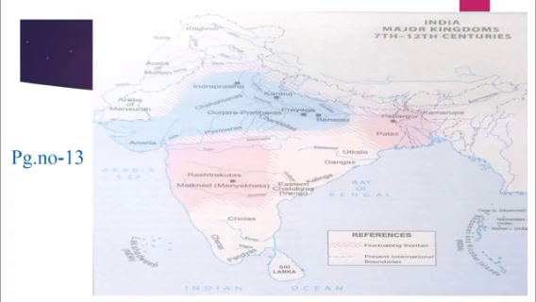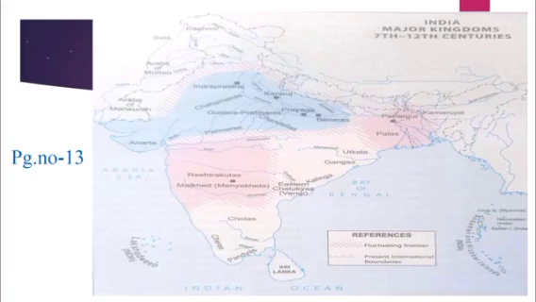Students, then we can see those areas marked in the blue color shows the areas under the control of Gurjara Pradikaras. Here you are going to mark 4 areas like Indraprastha, Kanauj, Prayaga and Benares.